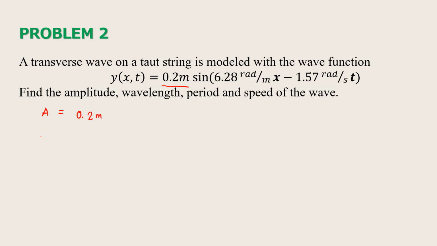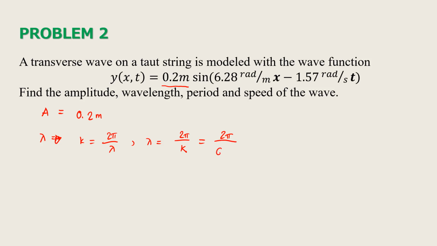For the wavelength, we need to make use of this equation. We have k is equal to 2 pi over lambda. So the wavelength is equal to 2 pi over k.